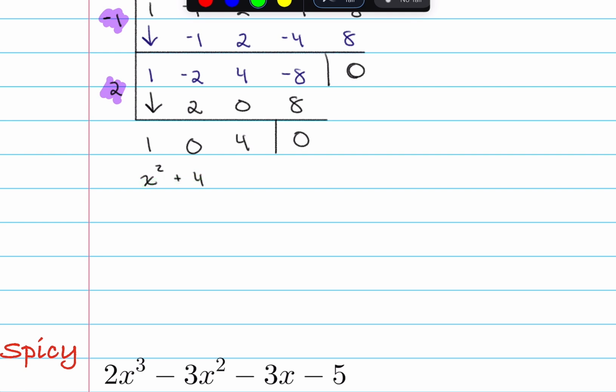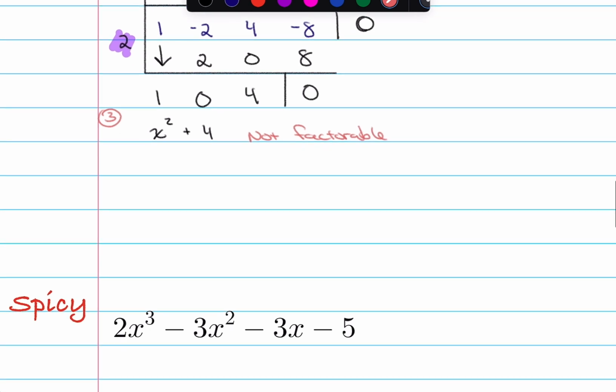So for step 3, this is not factorable, but I can go straight into step 4 where I'm going to solve it. So I'm going to do x squared plus 4 equals 0. And I am going to subtract 4 from both sides. So I'm going to get x squared equals negative 4.